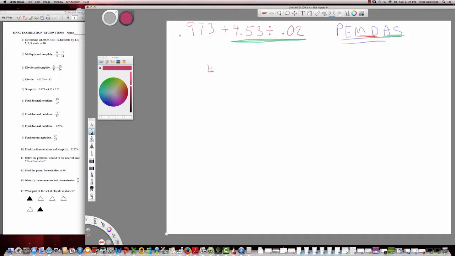So we're going to do 4.53 divided by 0.02. Now, if you do not like these decimals, I can move my decimal place back 2 here and 2 here and rewrite the problem as simply 453 divided by 2, okay?